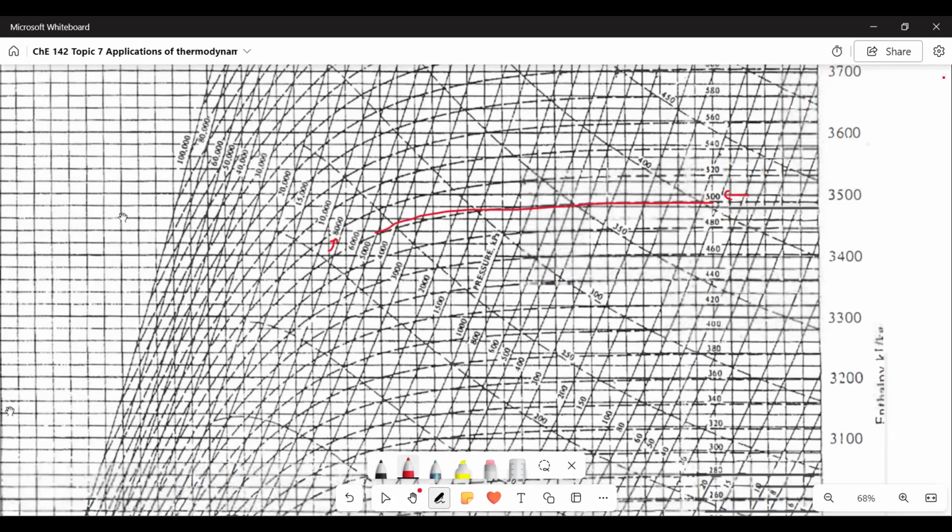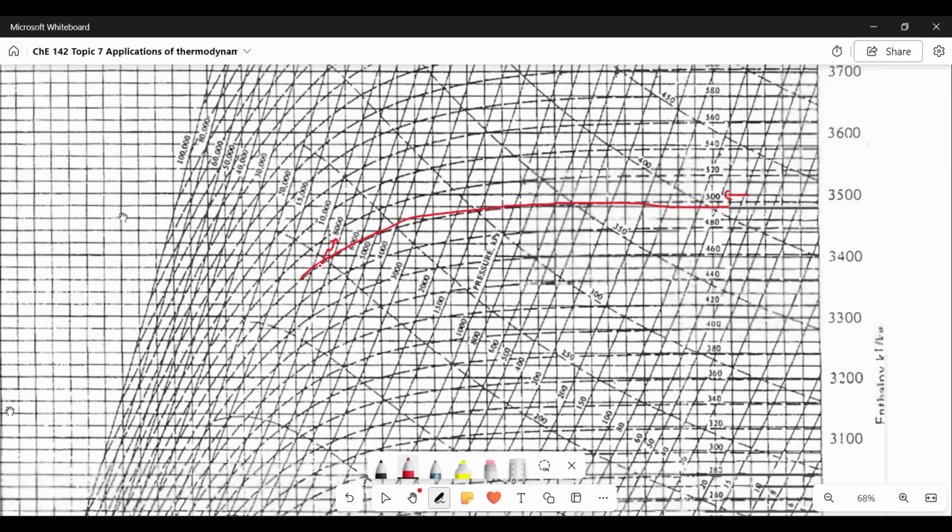We try to trace this line. And where it intersects 8,600, about this point, the middle. No, no, no. So 9,000 is in the middle.